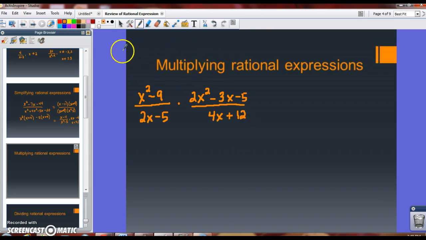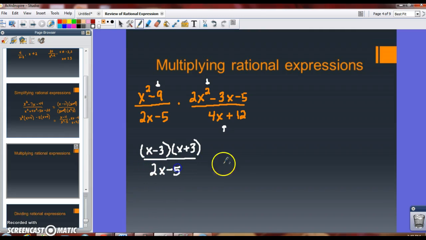Okay, so I need to make sure that I cancel after I factor. So factor whatever you can. I can factor this up here, I can factor this, and I can factor this. So I end up with x minus 3 and x plus 3 over 2x minus 5.